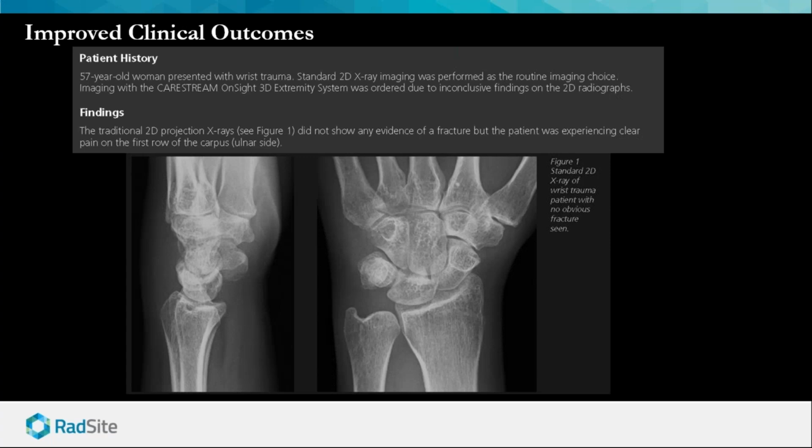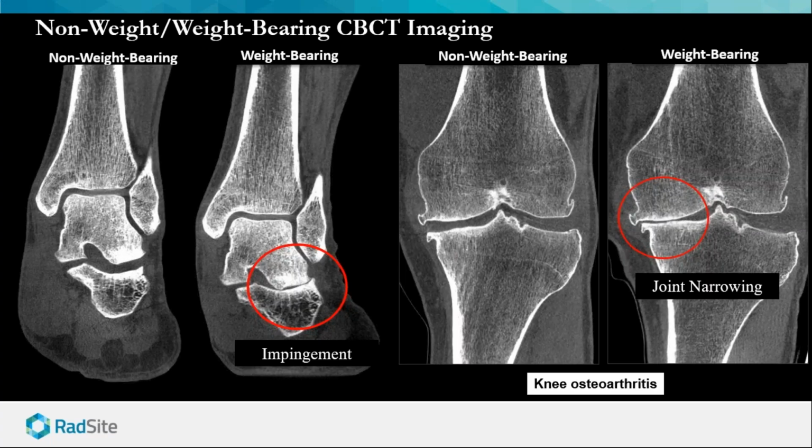And one would have the option to image typically either weight-bearing or non-weight-bearing, or do a combination of the two with most of the systems that are out there. Is that correct? That is correct. The weight-bearing and non-weight-bearing images were taken on the same system of the same patient, a couple of minutes apart.